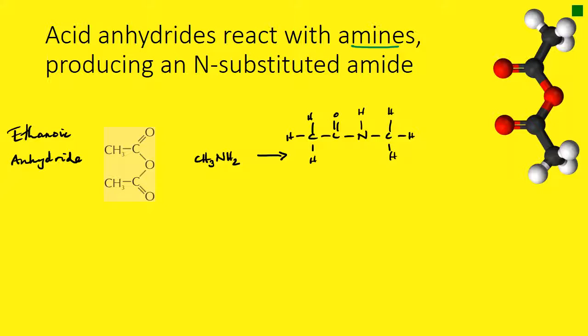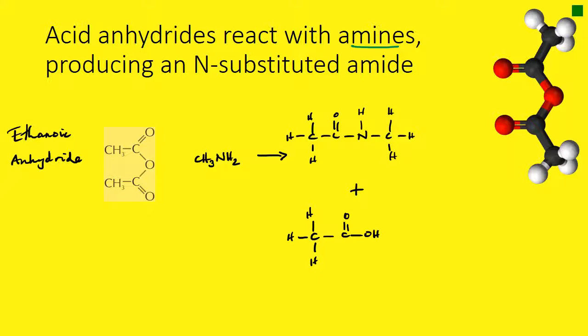So we get our N-substituted amide, but we also get an acid molecule as well. For completeness, let's draw out the acid molecule. It's going to be ethanoic acid. And that's our ethanoic acid. And why don't we just track the bits of our molecule as well.